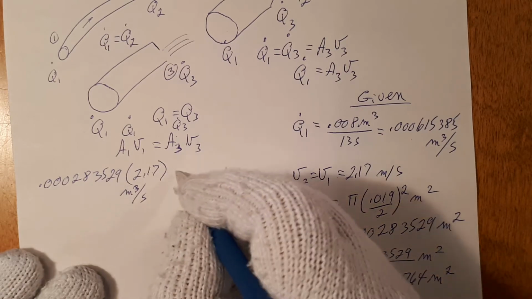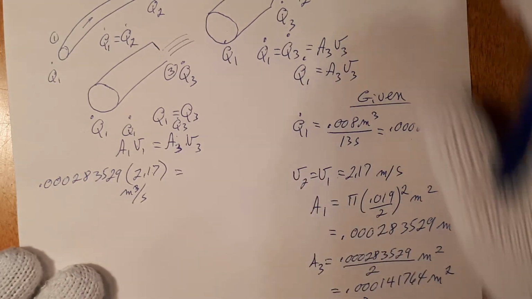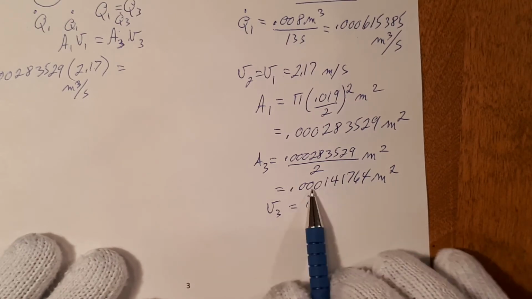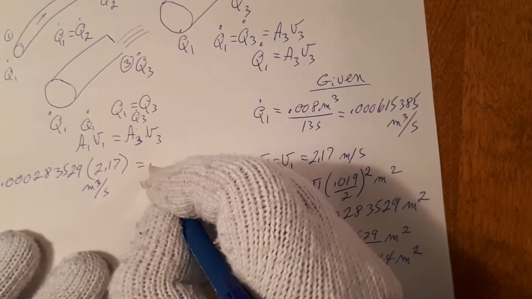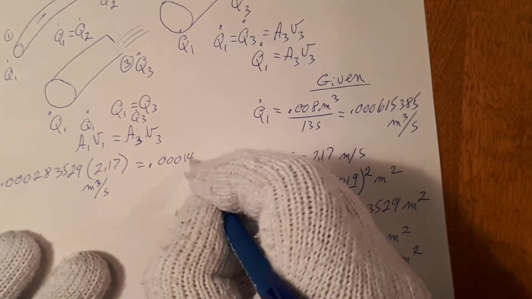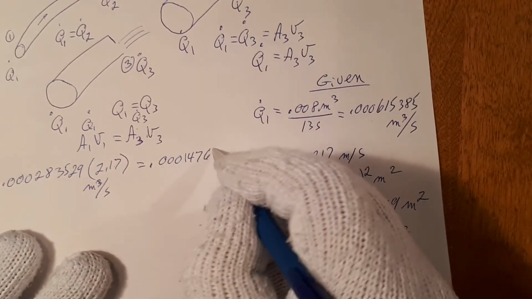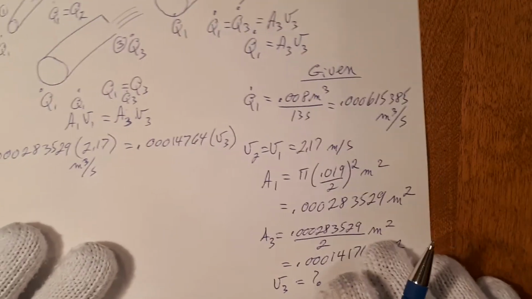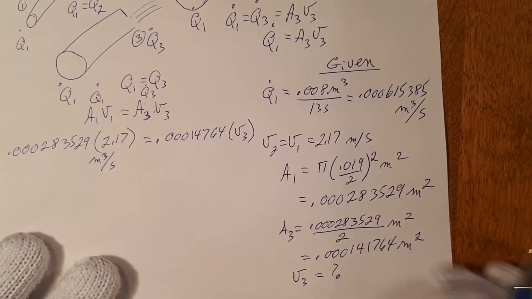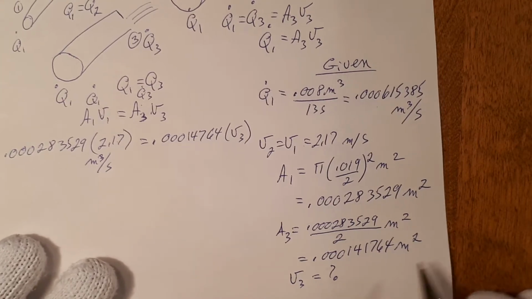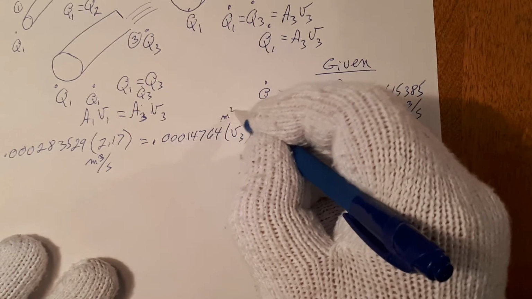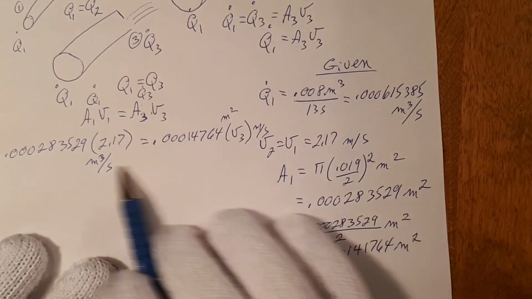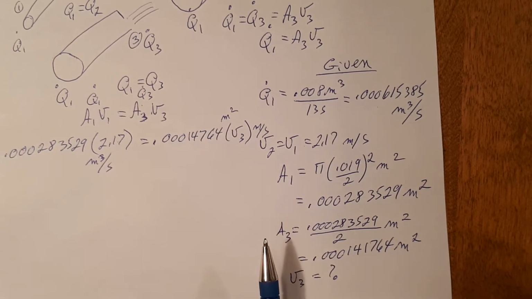Volume flow rate in is equal to A3, and A3 we said was going to be half the original diameter, which is this term, 0.000141764, multiplied by the velocity 3. If you want to put in the units, the area is meters squared, and meters per second comes to cubic meters per second. So the units match on both sides.